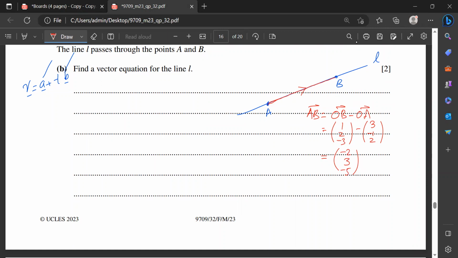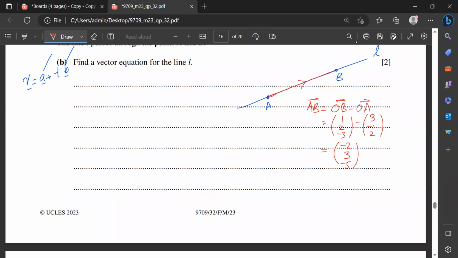So (-2, 3, -5) is vector AB, and this can be used as b for the equation of the line. So this can be used as the direction vector for the line.